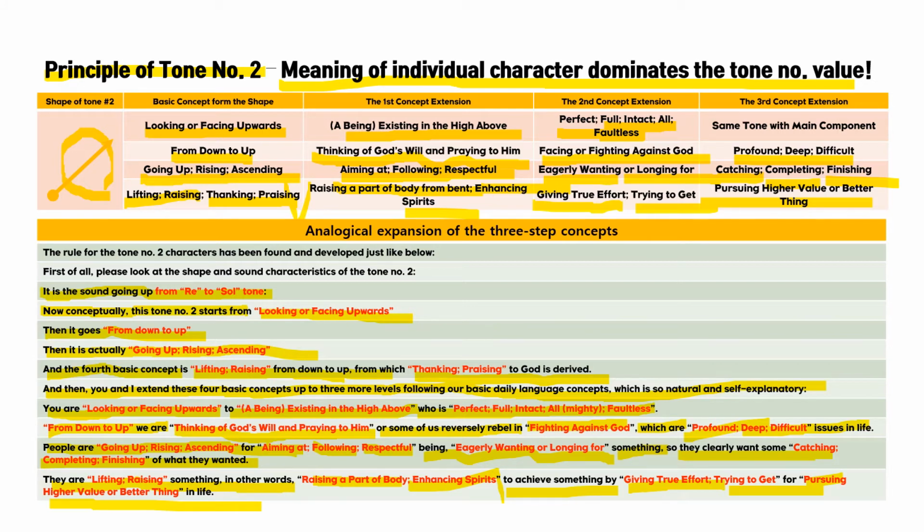So if a specific character has one or two or three more conceptual values of this table, then that character has the tone number 2 value. This is the principle of tone number 2. Okay. If you have any question, please leave your message, and I will look after it.